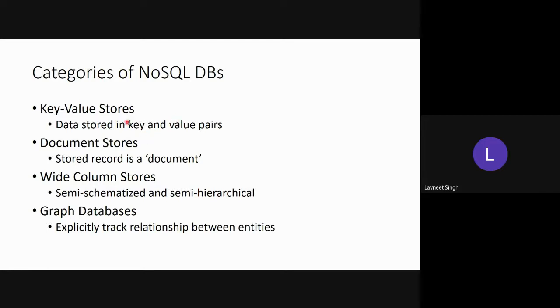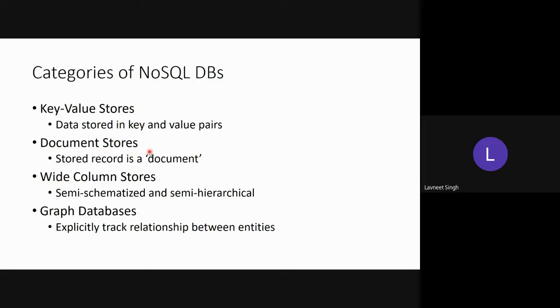Then you can query on the key, or ask what is the value of this key, and quickly the answer will come back, right? So in many scenarios, these key value pairs are a good fit. So, key value stores are there.